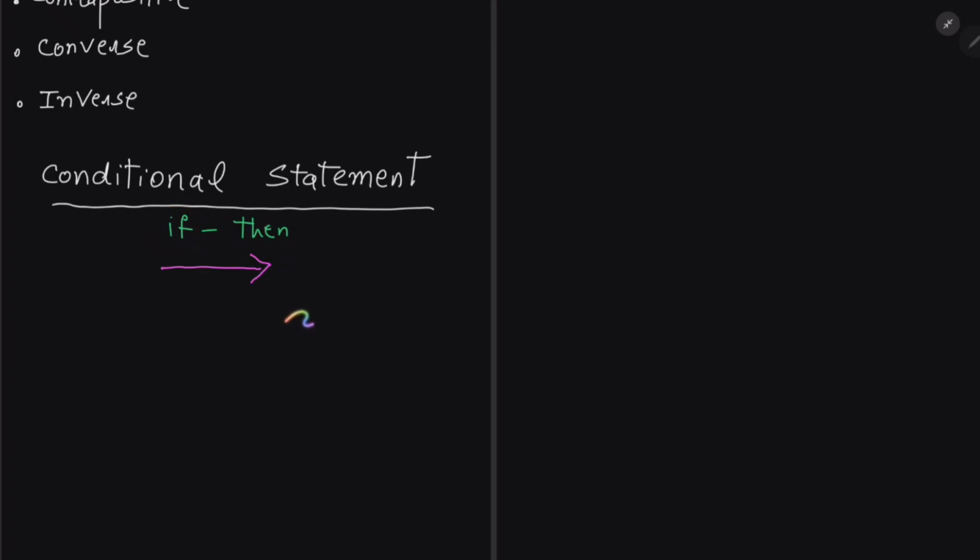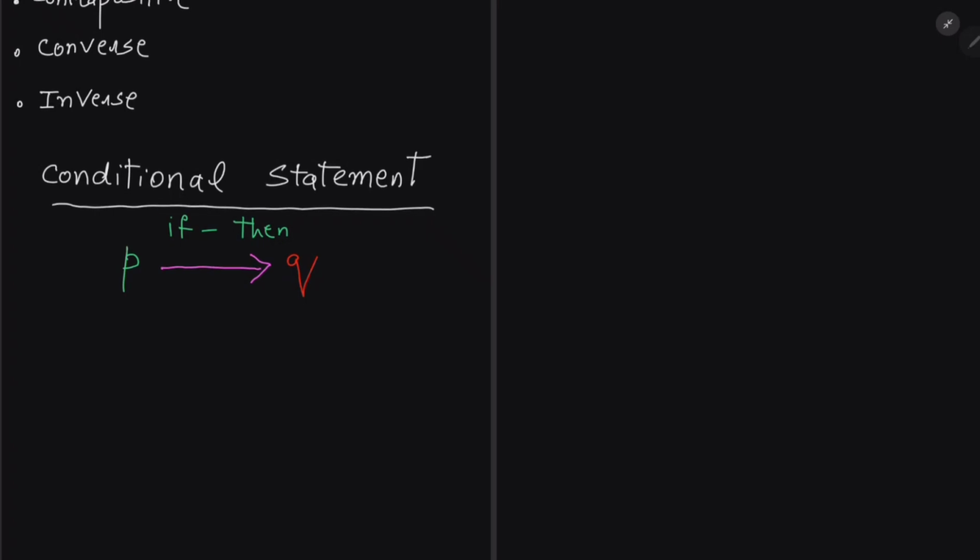So it means that we must have something after if, and we must have some statement after then. Suppose we have two statements, we call it P, and another statement we call Q. If P is true, then Q must follow the P, and P is, as we already talked about in our previous video, some statement, and the symbol for that statement is P.